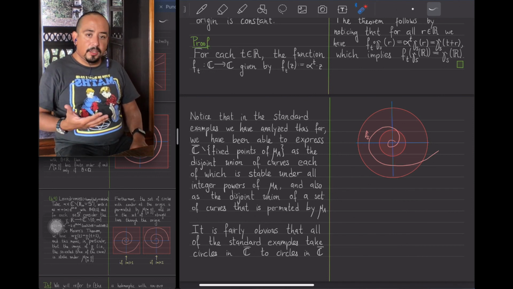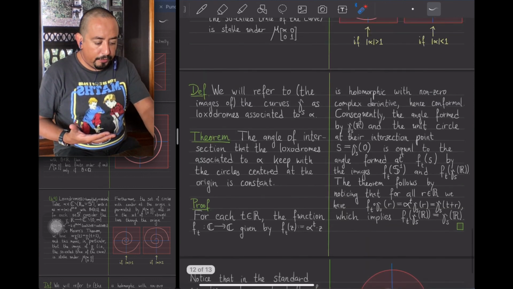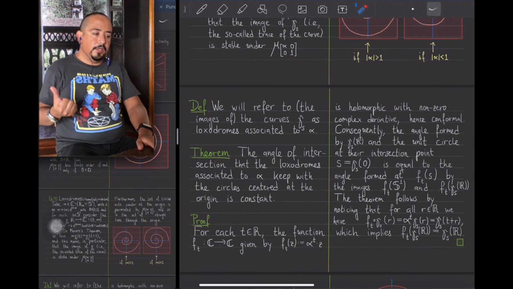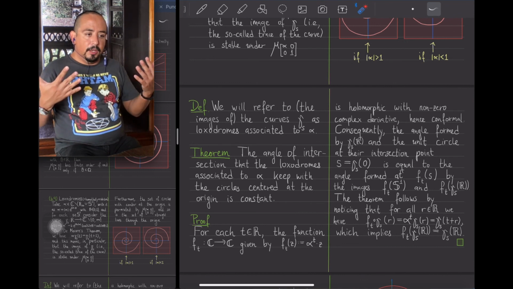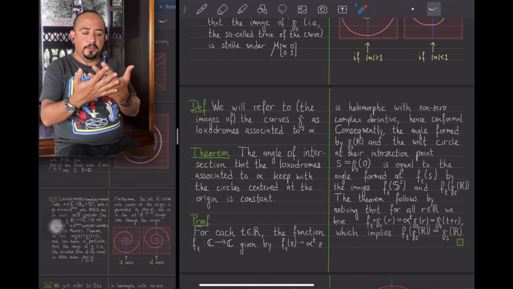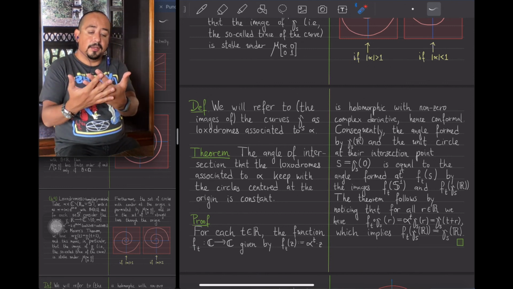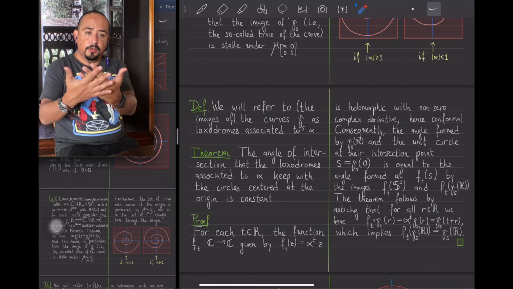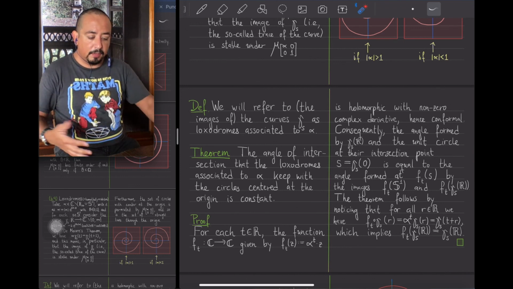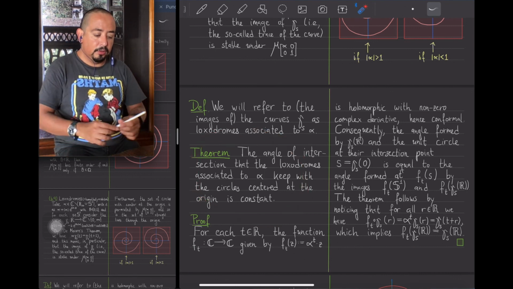Okay, and finally, just as in the case of translations, homotheties, and rotations, where these two families, the stable ones and the permuted ones, at least in the explicit families we saw, formed constant angles between one family and the other, we established the same result for the Loxodromies.